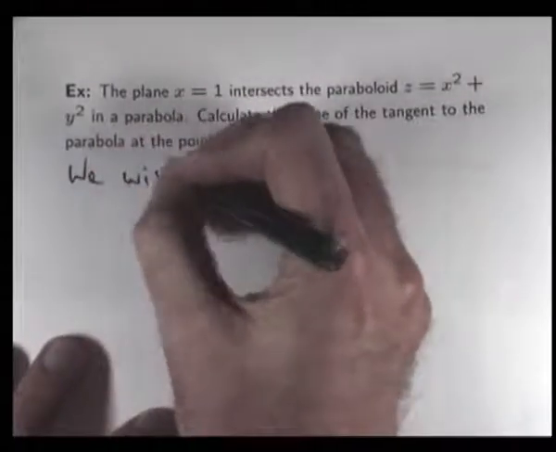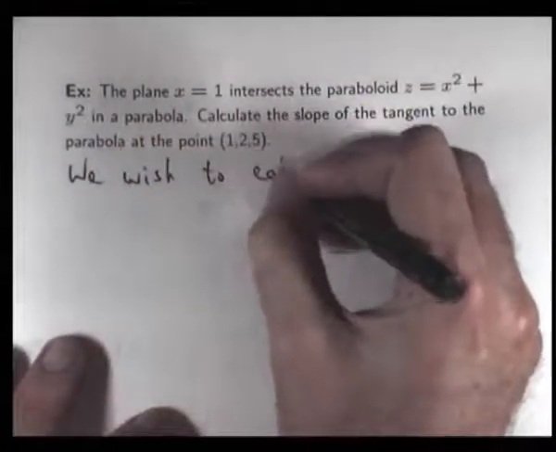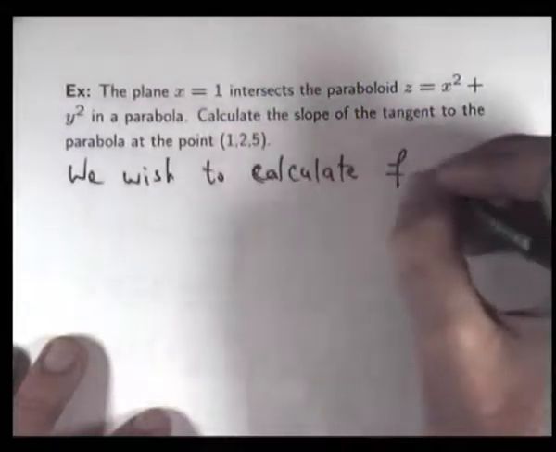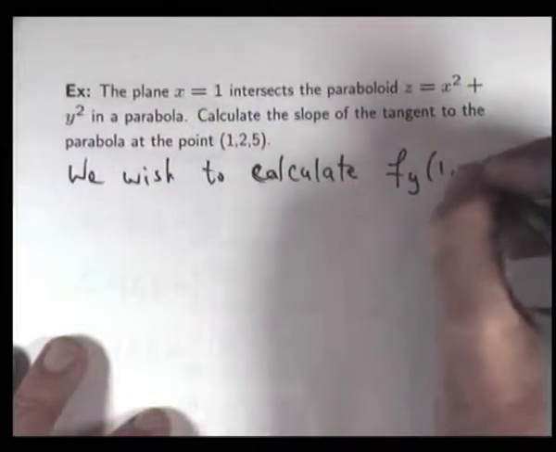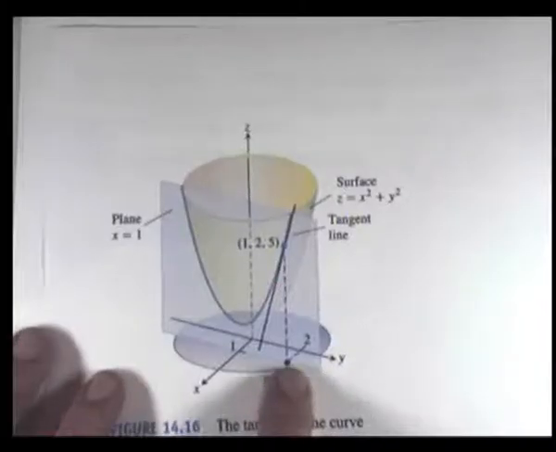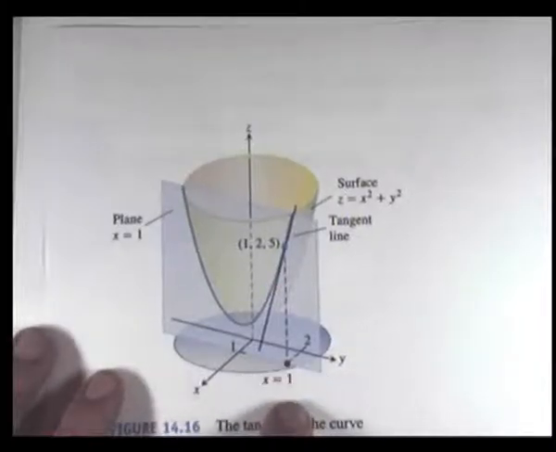So we wish to calculate, all right, so going back to our picture, this is the point 1, 2, and we want to calculate df dy at the point x equals 1, y equals 2.